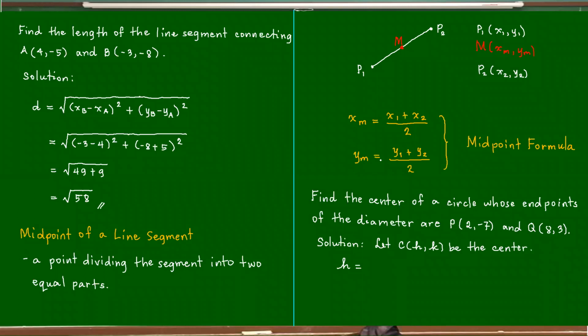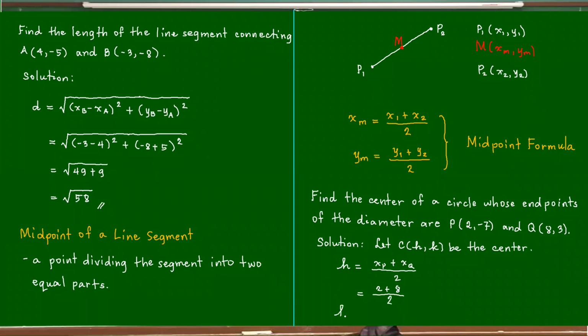So our x sub m is H. So that is x sub P plus x sub Q, am I correct? All over 2. Giving what? What is that? Negative 2 plus 8, right? All over 2, no?